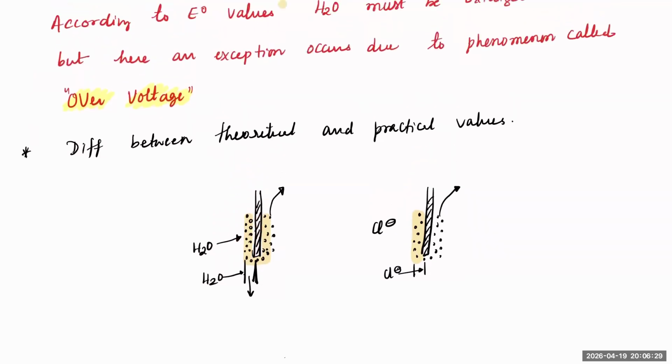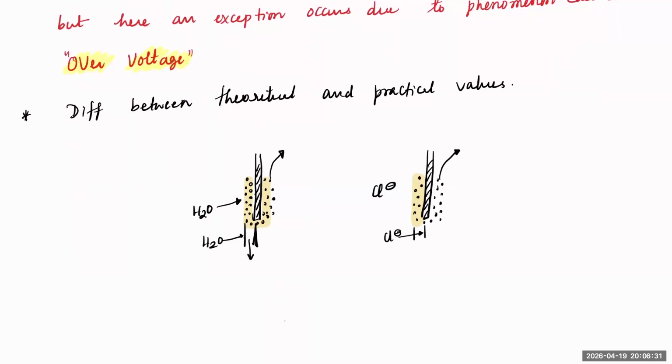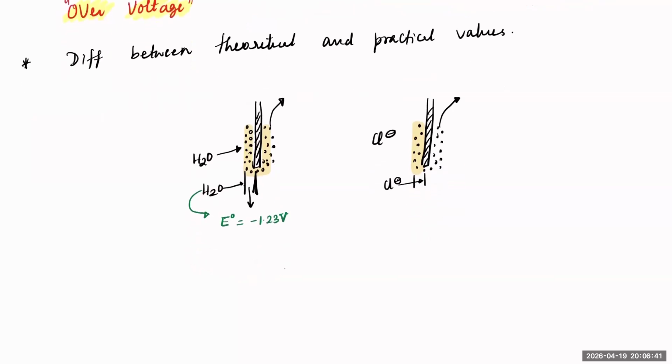So what we are doing here is, we are expecting water to carry a reduction oxidation potential of minus 1.23 volts, but it requires some overvoltage, extra voltage, of approximately 0.8 volts.